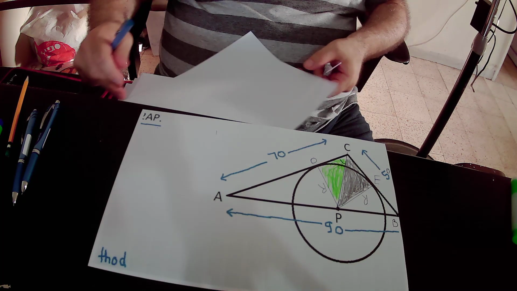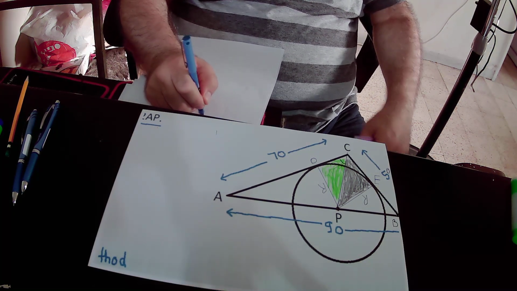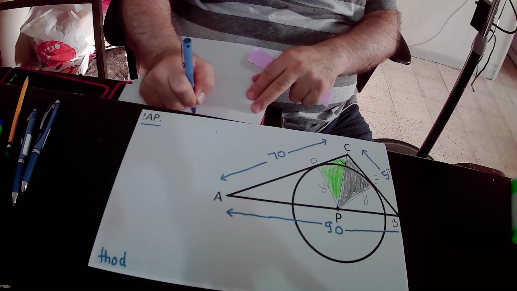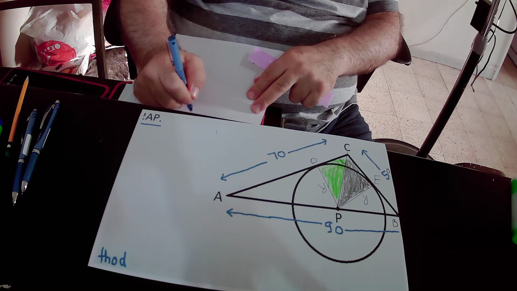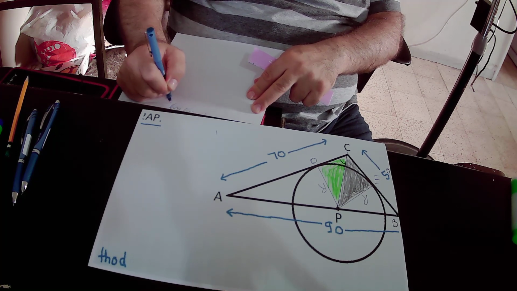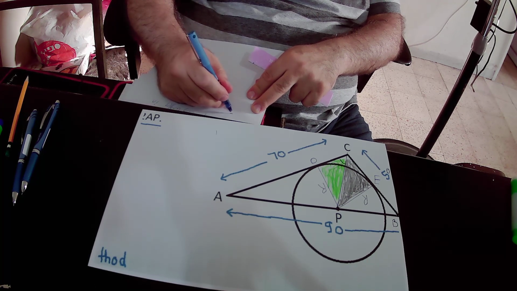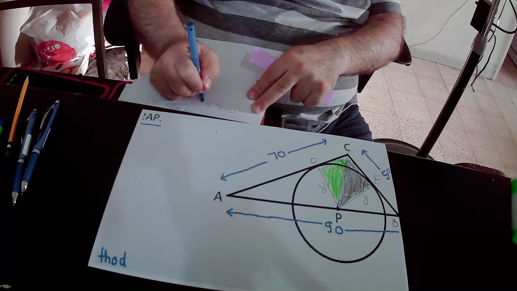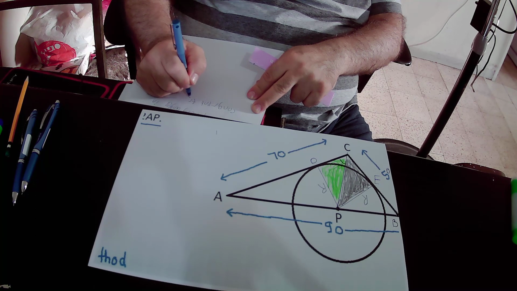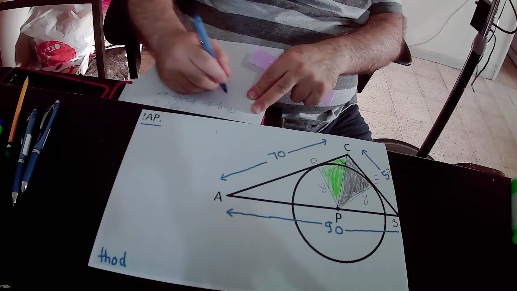I write it down. Corresponding angles in congruent triangles are equal to each other.